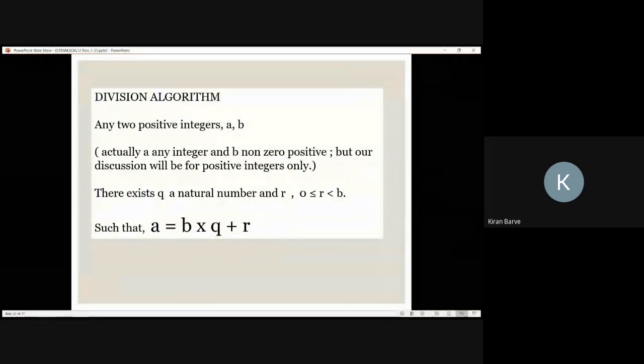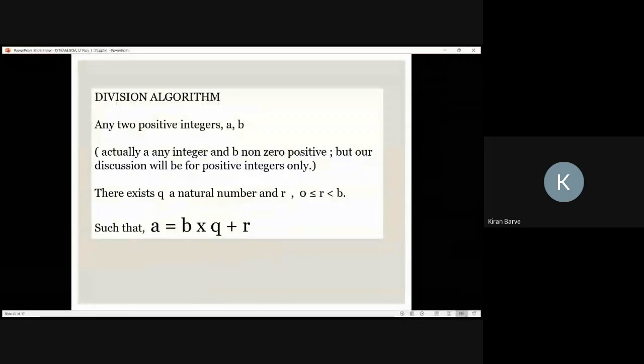And what is the condition on the remainder? 0 less than or equal to r less than b. The remainder has to be greater than or equal to 0 and less than the divisor.